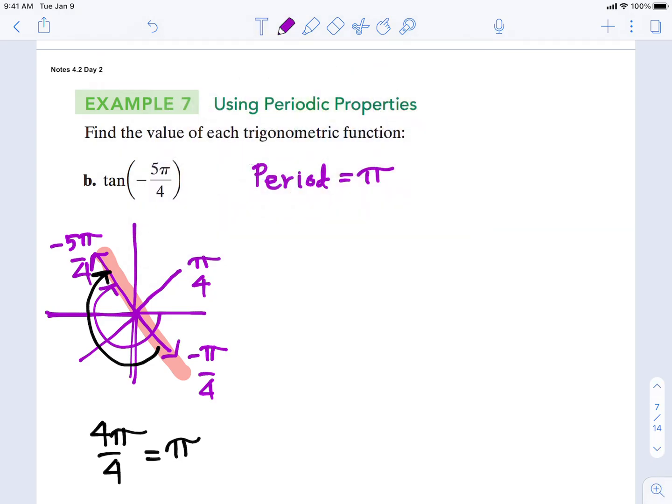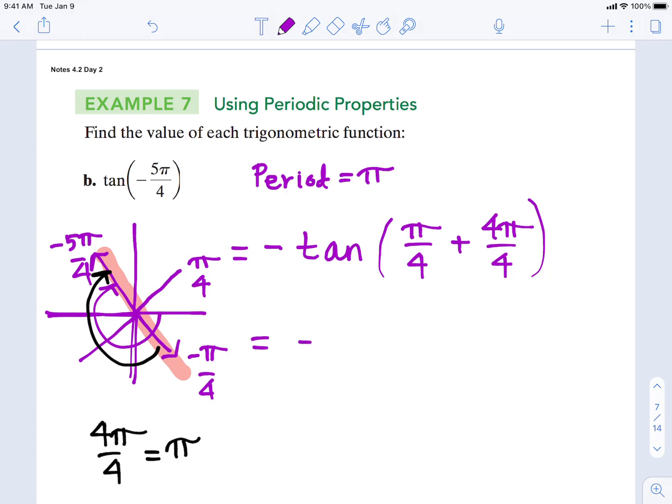So we're going to go ahead and use our tangent of pi over 4 plus 4 pi over 4, which is one revolution, but we're going in the negative. So we're going to go ahead and put a negative there. So these are the same values as pi over 4. So let's review the ordered pair again from the previous example.